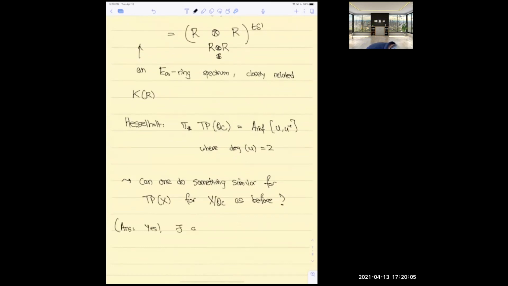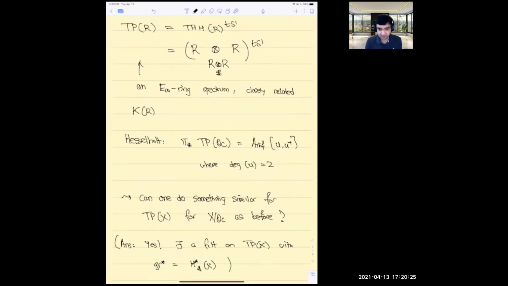So the answer is yes. There exists a filtration on TP of X whose associated graded is given by prismatic cohomology. And so this was one reason we were looking for a prismatic cohomology.